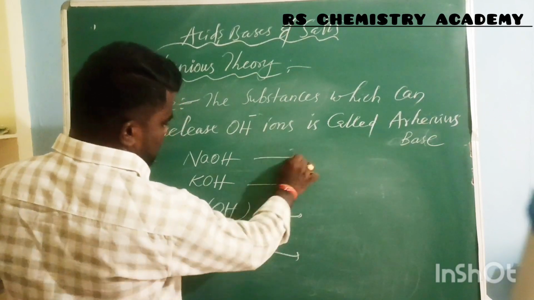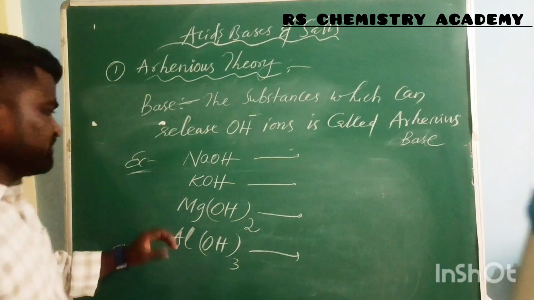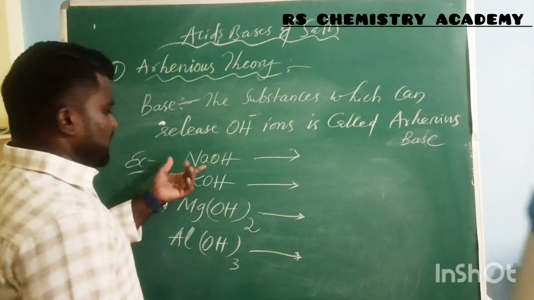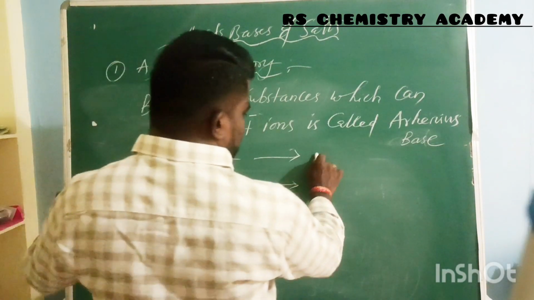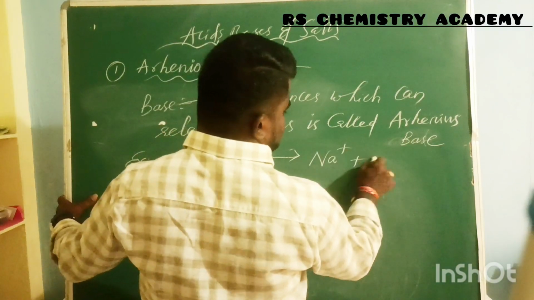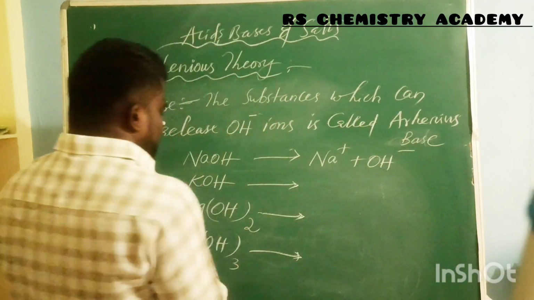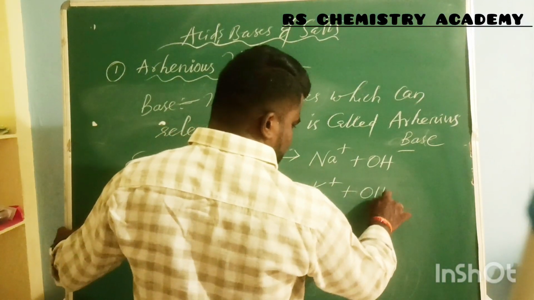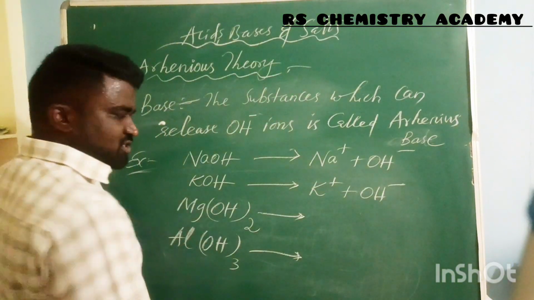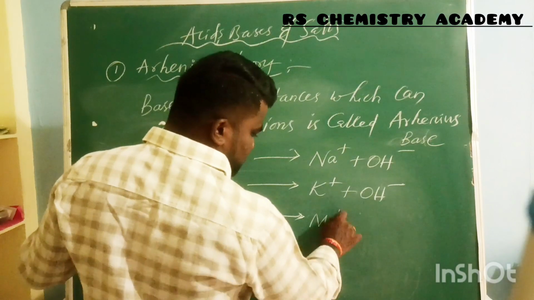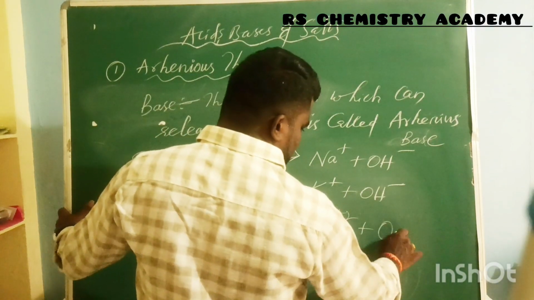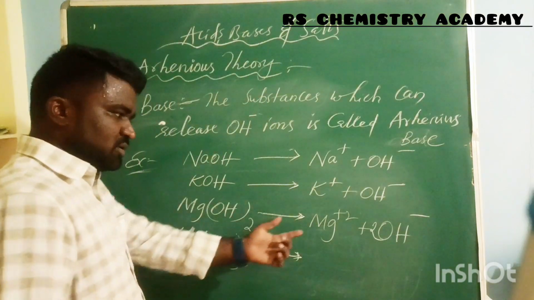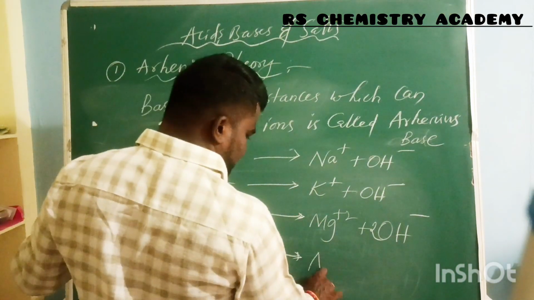How do these bases decompose? NaOH, sodium hydroxide, decomposes into Na plus plus OH minus. Potassium hydroxide decomposes into K plus plus OH minus. Magnesium hydroxide decomposes into Mg 2 plus plus 2OH minus, since there are 2 hydroxides.